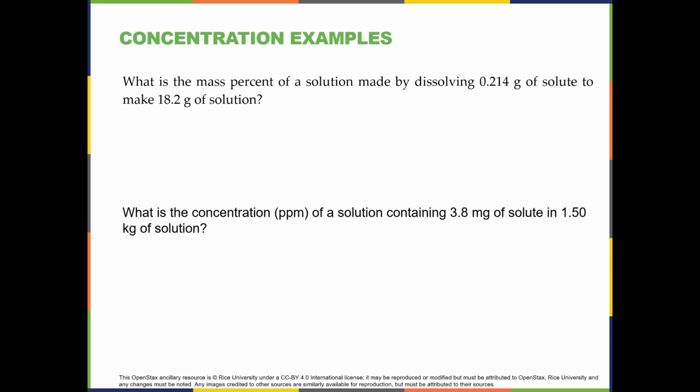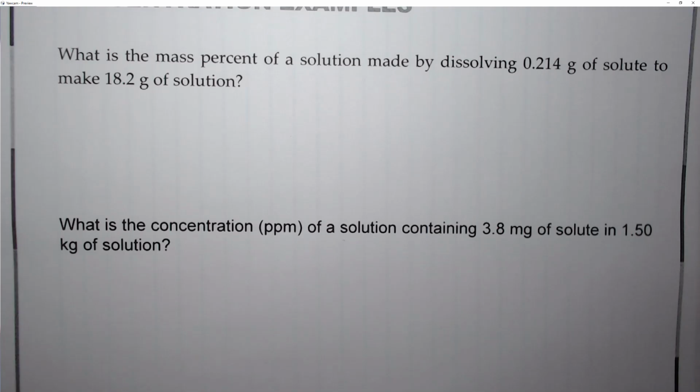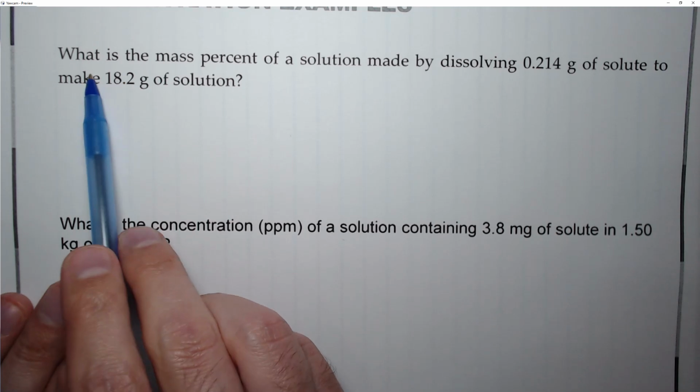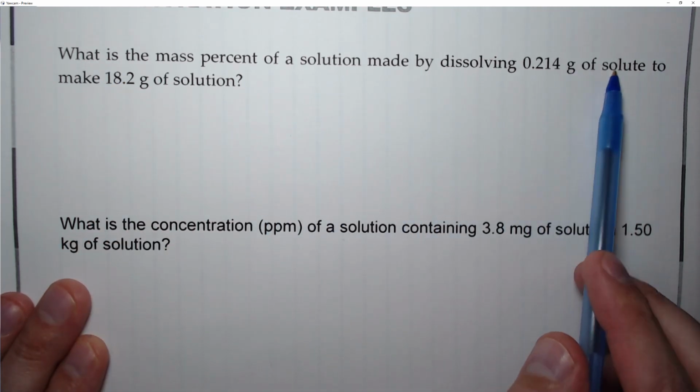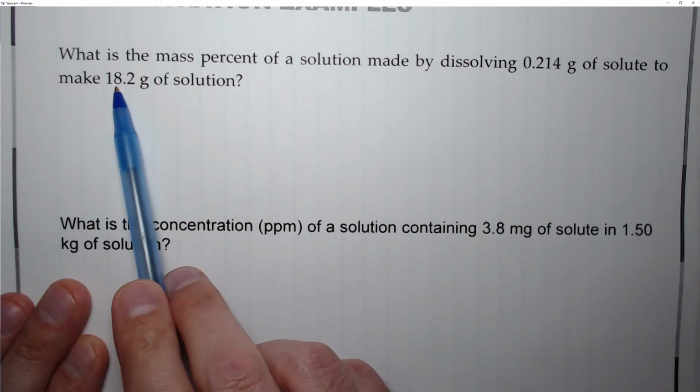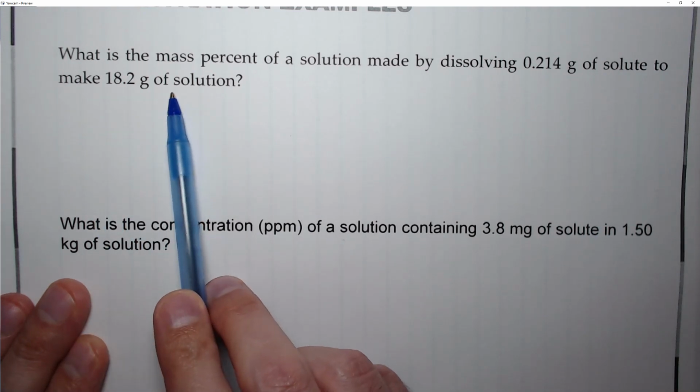Okay, so let me get the screen up here so that we can do this. This is the same slide, it's just written out so I can write on it. It says, what is the mass percent of a solution made by dissolving 0.214 grams of solute to make 18.2 grams of solution?